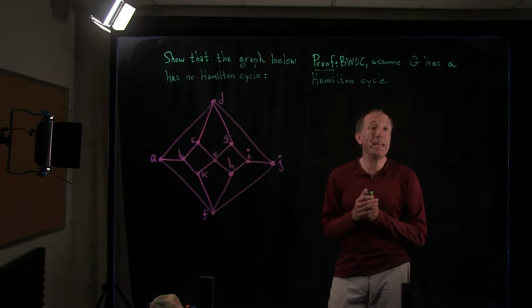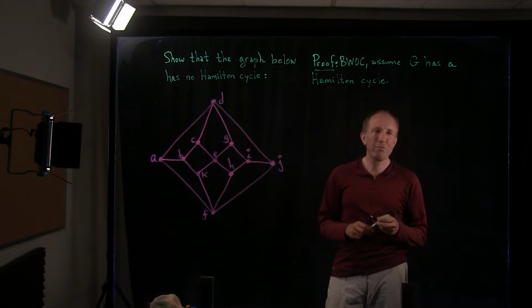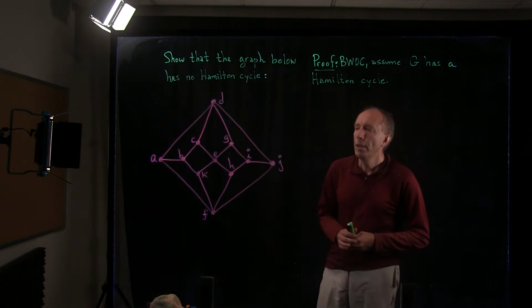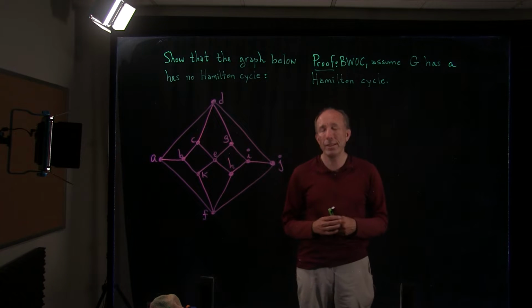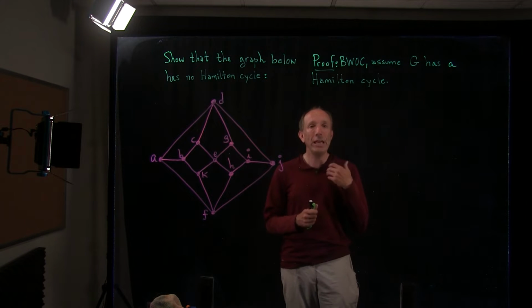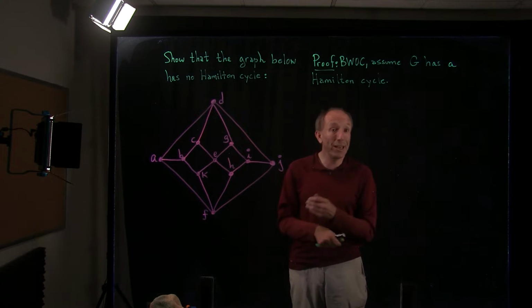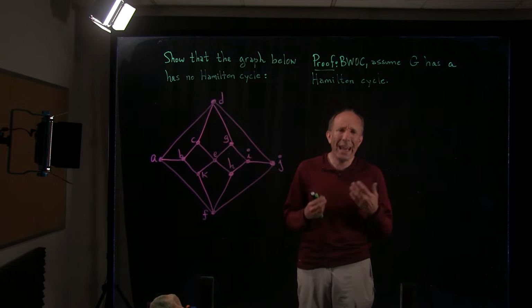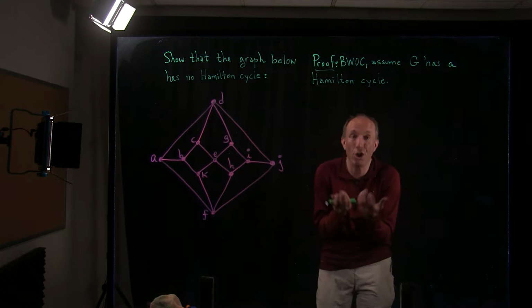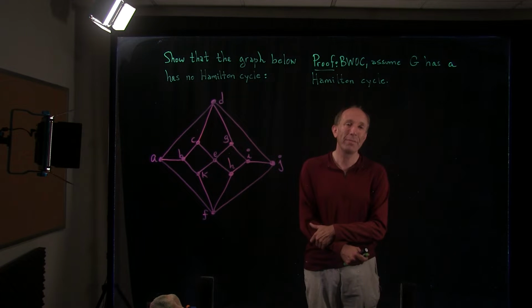And we're going to use many of the tools that typically are used when talking about Hamilton cycles. One of those tools is that the Hamilton cycle cannot have a premature subcycle. You can't have a subcycle that doesn't yet reach all of the vertices in the graph.